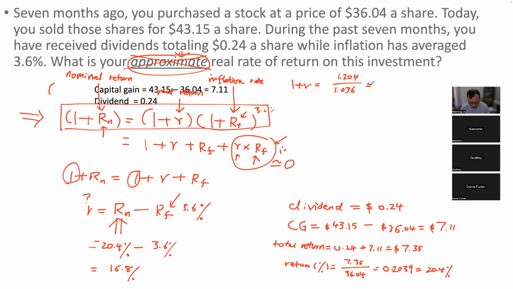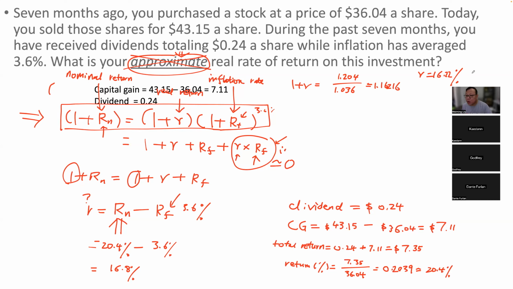So see what I got here. 1.204 divided by 1.036. So this is 1.16216. So my R will be 16.22%. Okay, so now you can see that approximate means they just want you to know a rough number.